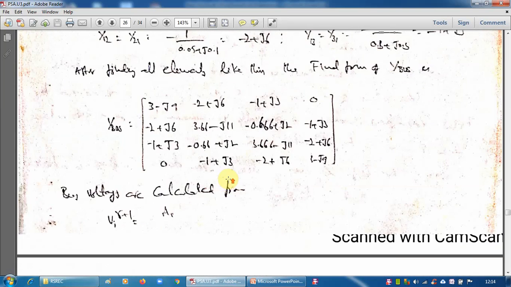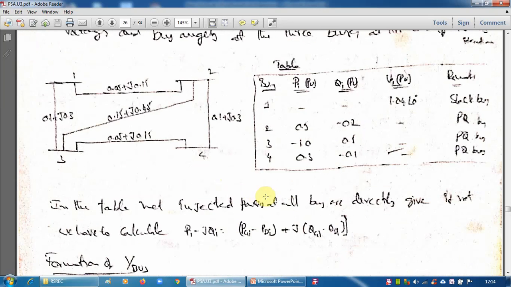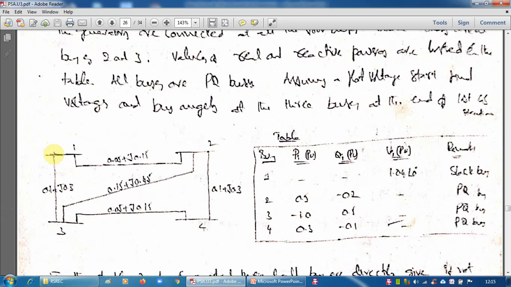For all buses except first bus, first of all we have to assume initial values of voltages, that is V2(0), V3(0), V4(0). We have to assume an initial guess. One standard method of assuming these initial values is that all bus voltages are assumed as 1 plus j0.